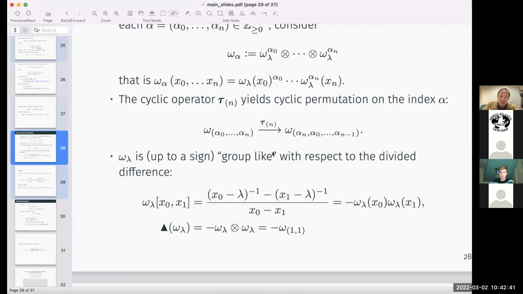I put a double quote, because there is a minus sign, so probably I should not use group like. But isn't it group like if you change omega lambda to minus omega lambda?